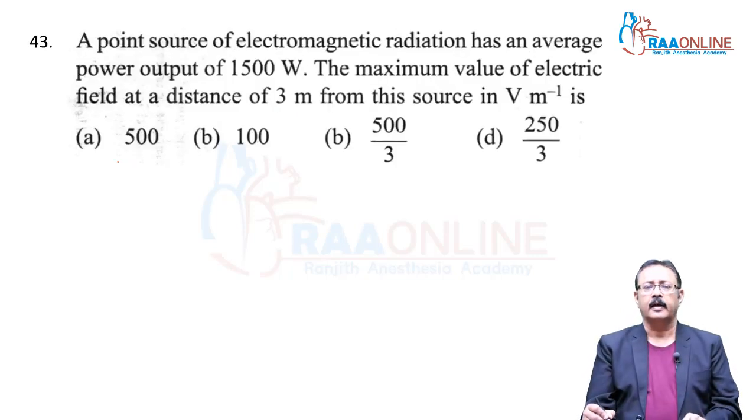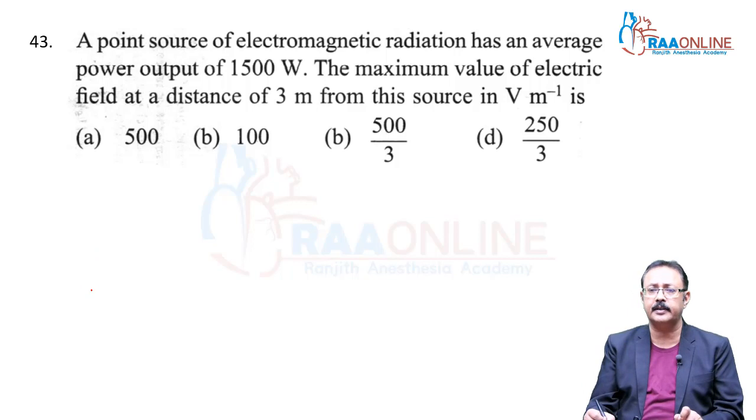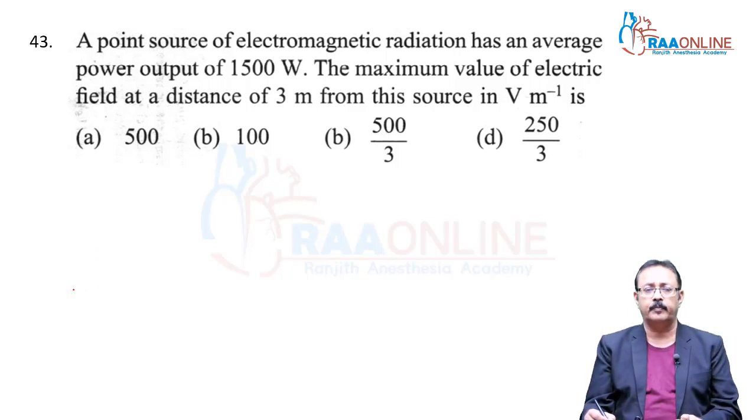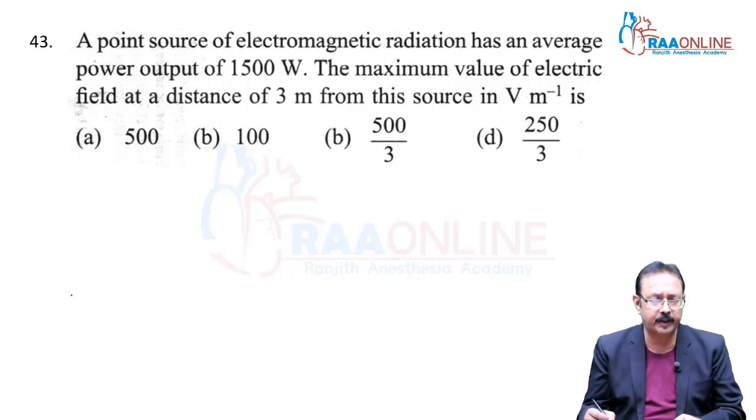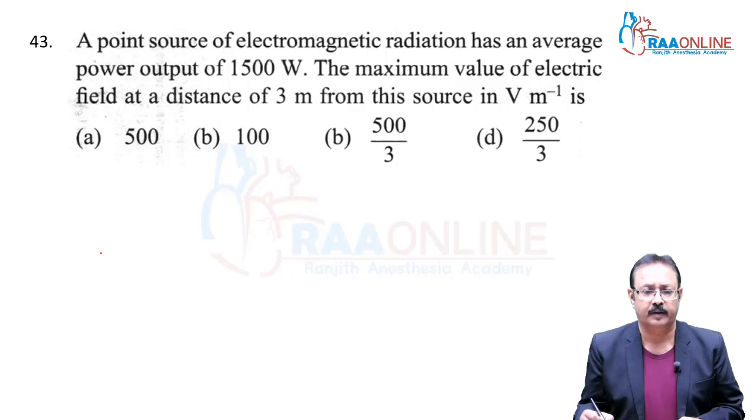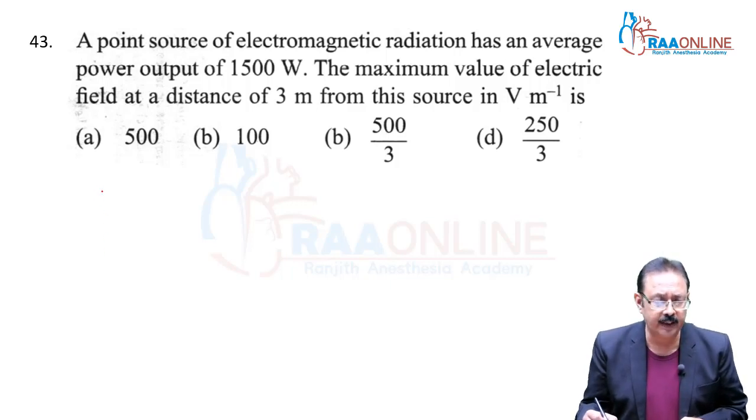43rd, a point source of electromagnetic radiation has an average power of 1500 watt. What is the maximum value of electric field at a distance 3 meter from the source? What is the formula for intensity?